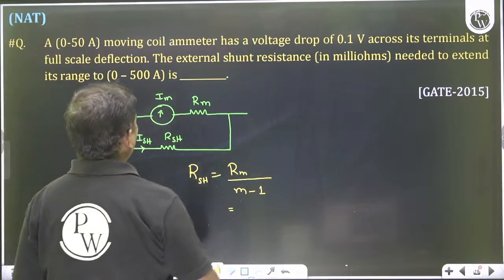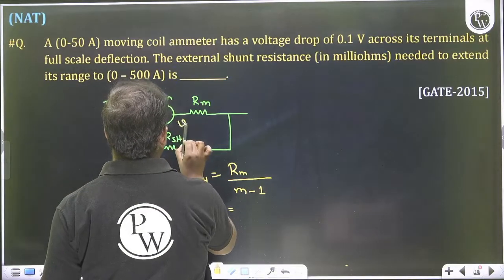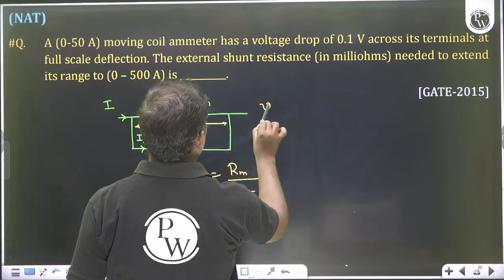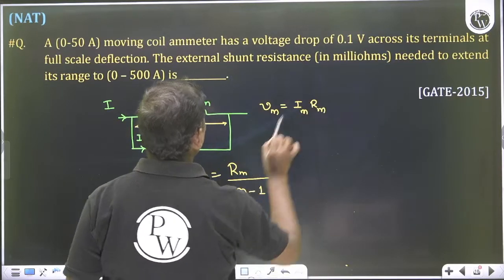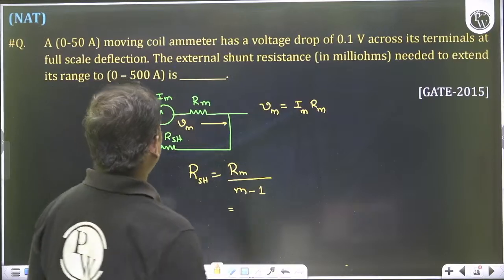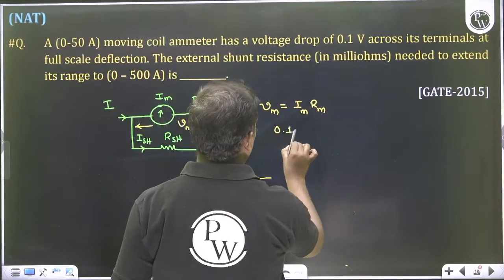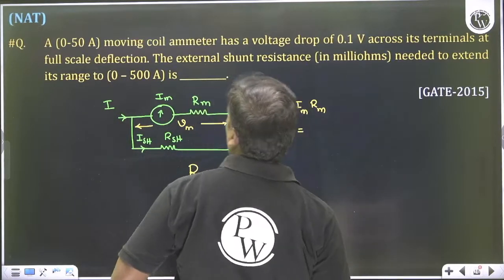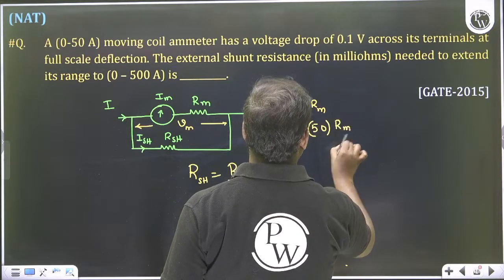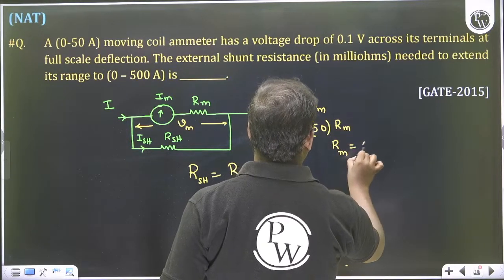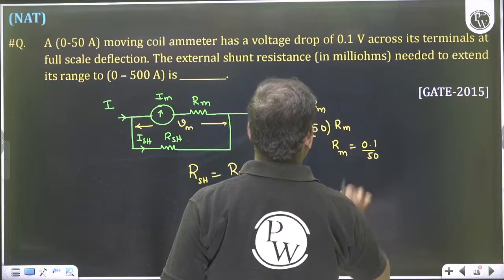He has given the Vm, the voltage drop, here. So Vm is equal to Im into Rm. So this is 0.1 volt, Im is 50 amperes, and this is the Rm. So what is the Rm? 0.1 by 50.